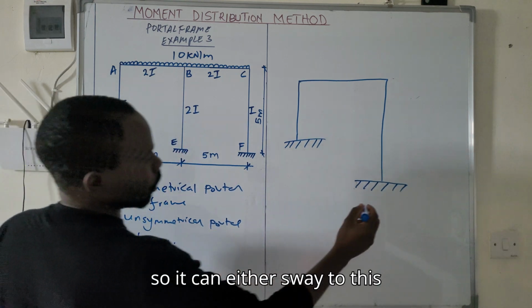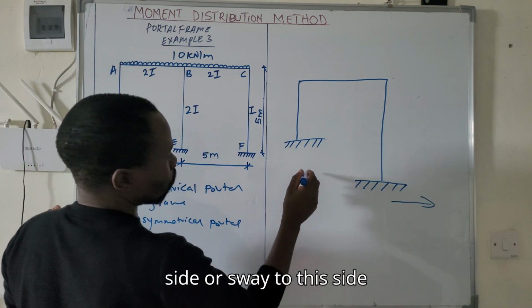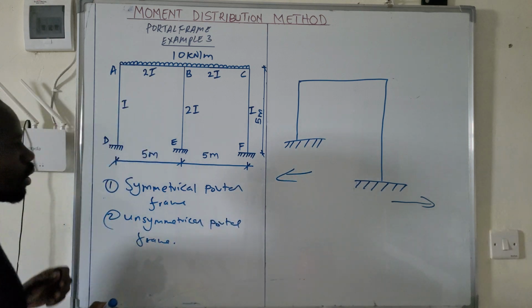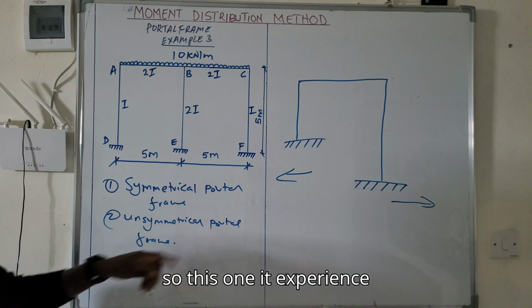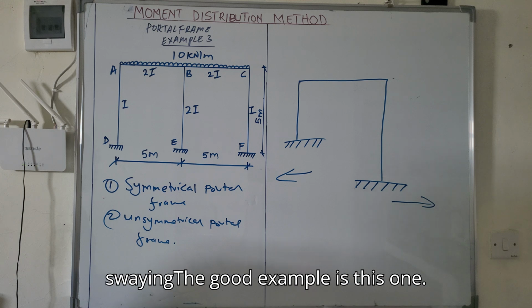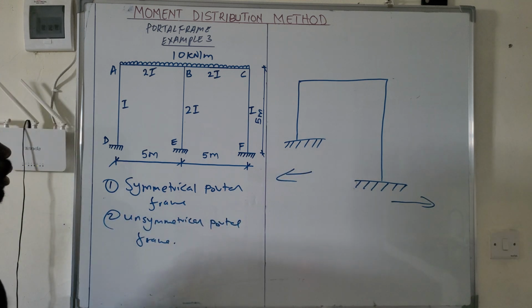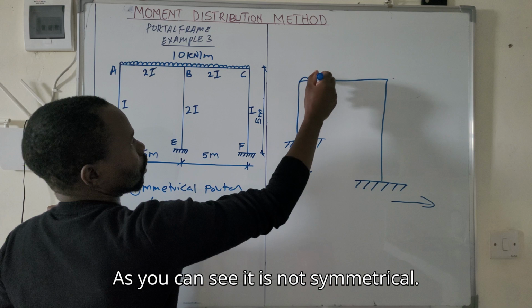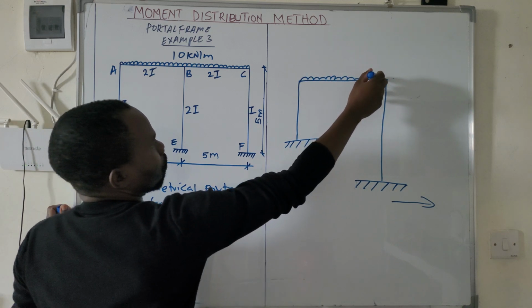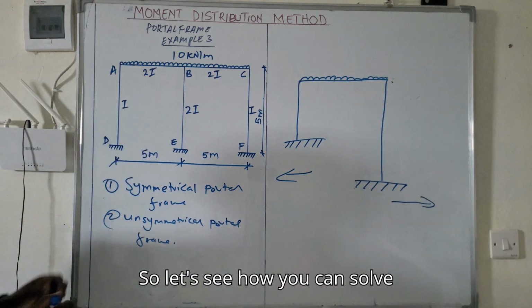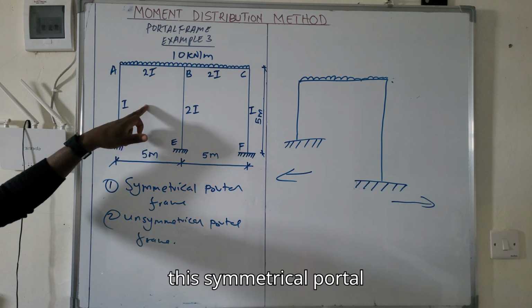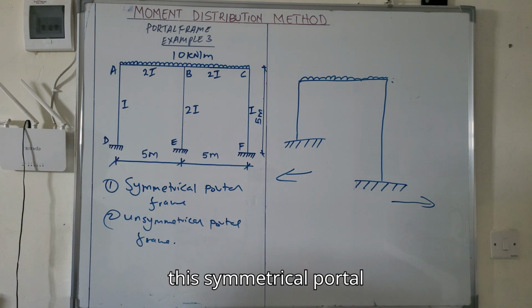It can either sway to this side or sway to this side. A good example is this one. As you can see, it is not symmetrical. So let's see how you can solve this symmetrical portal frame.